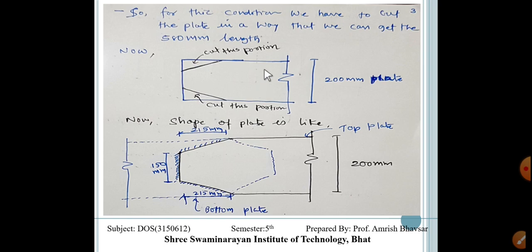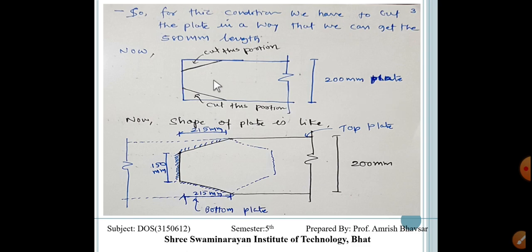So this is our plate and the width of this plate is 200 mm. What are we going to do? We are going to consider this much length as a fixed length, and we cut this plate in these two angular sections. So what exactly do we consider over here? We will take 150 mm as a straight portion and cut these two sides.